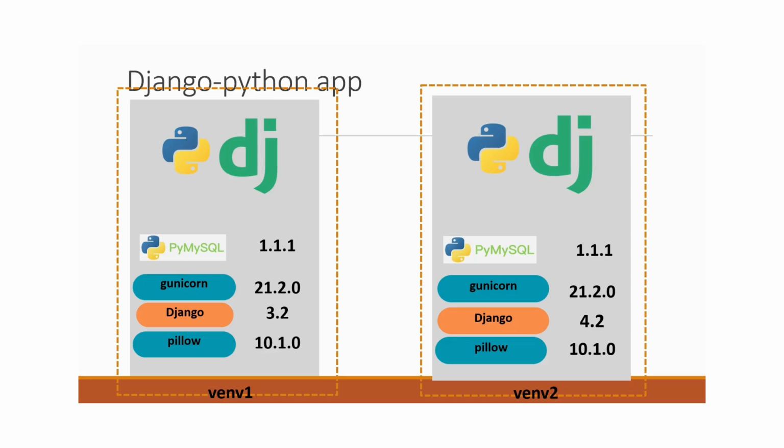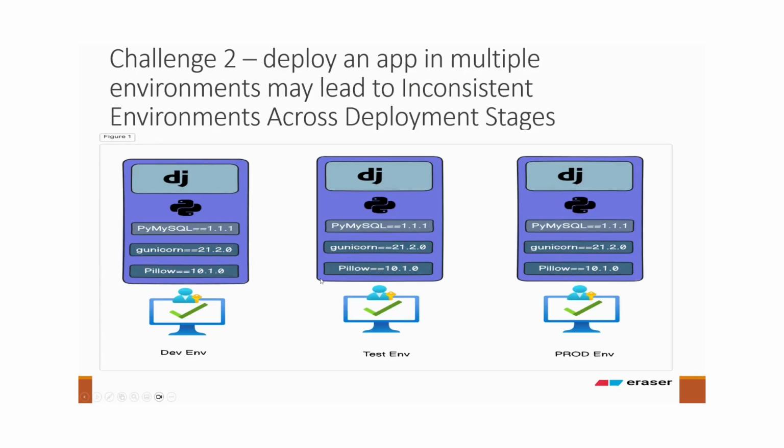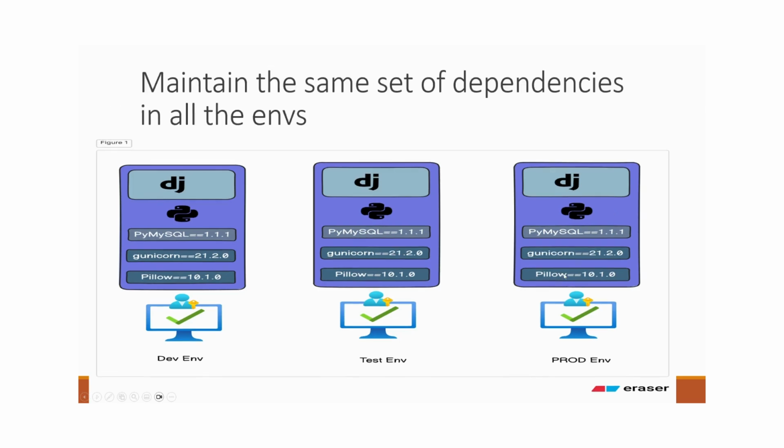So to summarize this, we can say it is difficult to manage different versions or dependencies for different applications on the same operating system. Okay, now let's talk about another challenge which we used to face using the traditional way of deployment approach. Suppose we need to deploy an application in multiple environments, like in dev environment followed by test environment and production environment. In dev environment, we have used a certain version or set of dependencies. What happens when that app gets deployed in test environment and in production environment as well? We will need to maintain the same set of dependencies in all the environments.